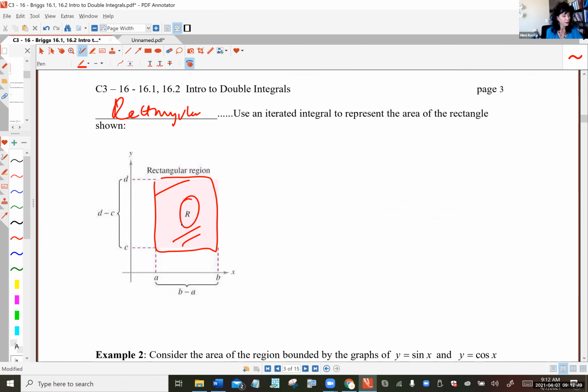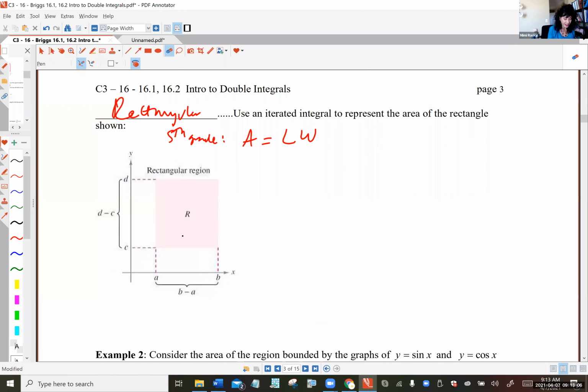So I want to do this problem in two ways. I want to do it the fifth grade way and then the Calc 3 way. In fifth grade, I hope they taught you that the area of a rectangle is length times width. So let's use that knowledge to find the area of this region.